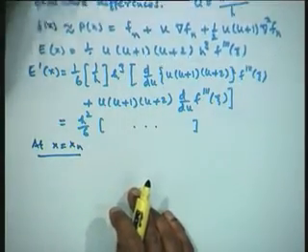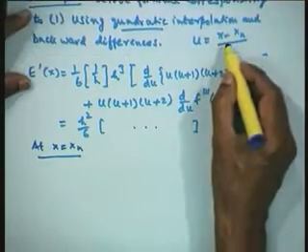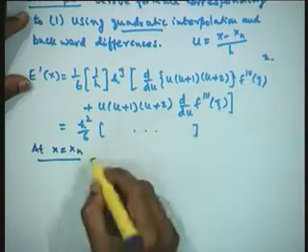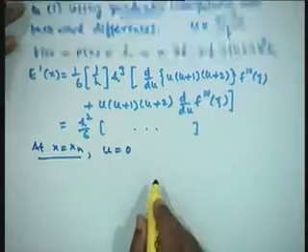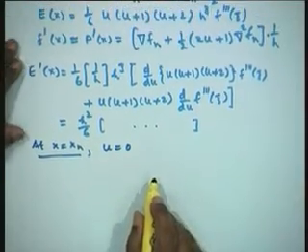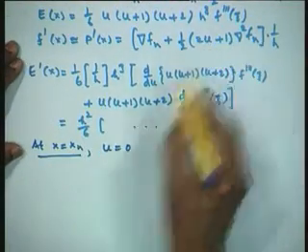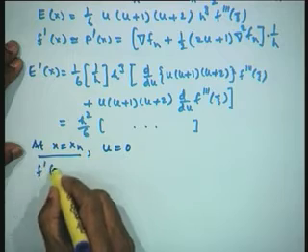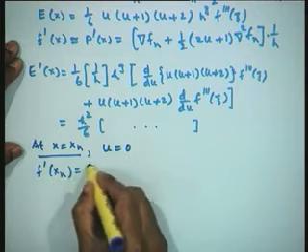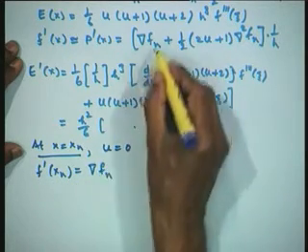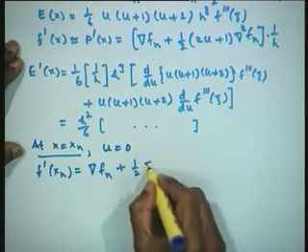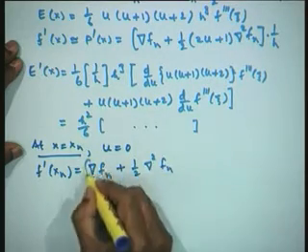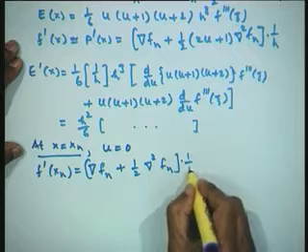Now, at x is equal to x n, if I substitute it here I get u is equal to 0. Therefore, let us substitute u is equal to 0 in this. f dash at x n is backward difference delta f n plus, with u equal to 0, delta squared f n into 1 upon h.